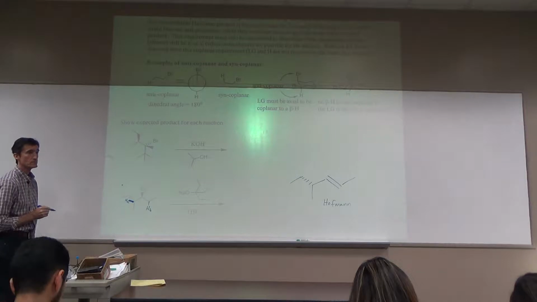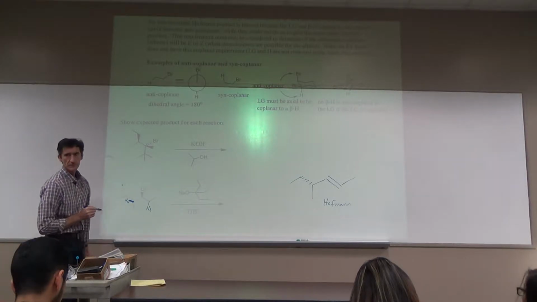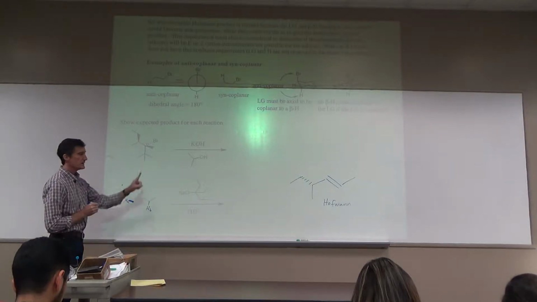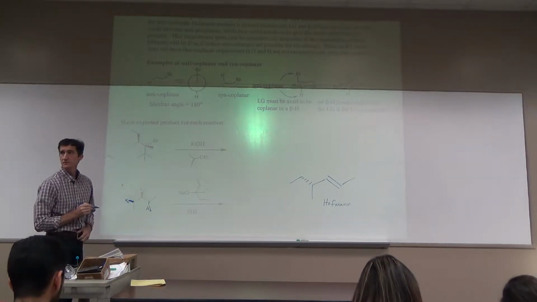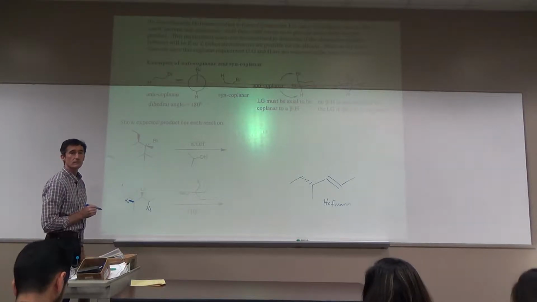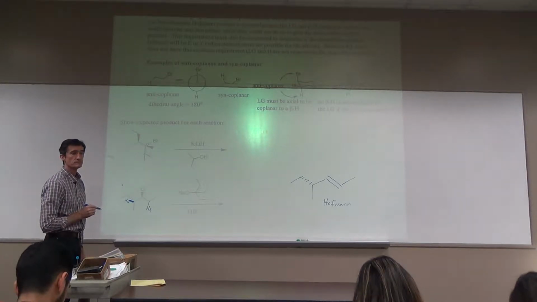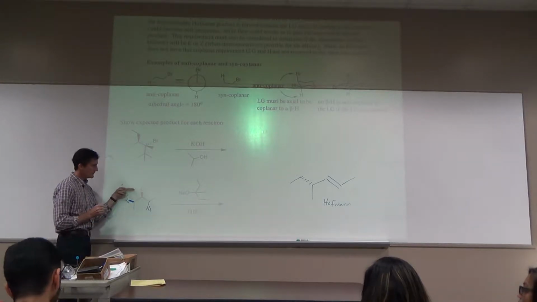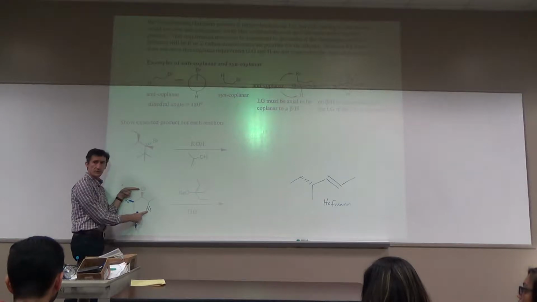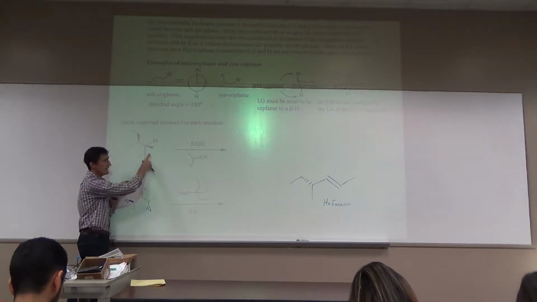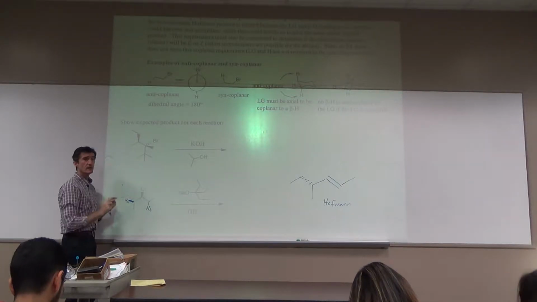Why did I draw a trans? Or should it be cis? This alkene is stereogenic. Why not cis? What's the requirement for the H and the leaving group when it eliminates? Anticoplanar. Up here we had to rotate it a certain way.